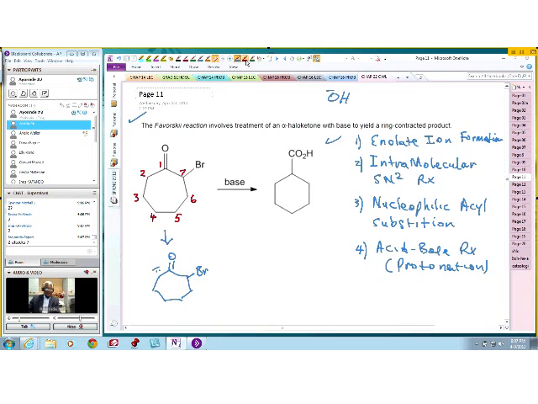Excellent. That is what we mean by intramolecular, because the nucleophile and the leaving group are in the same molecule. So this carbon attacks this, and when that happens, this goes. So that is an intramolecular SN2. Okay, so what do we have here? So we have this. We follow this very carefully now.